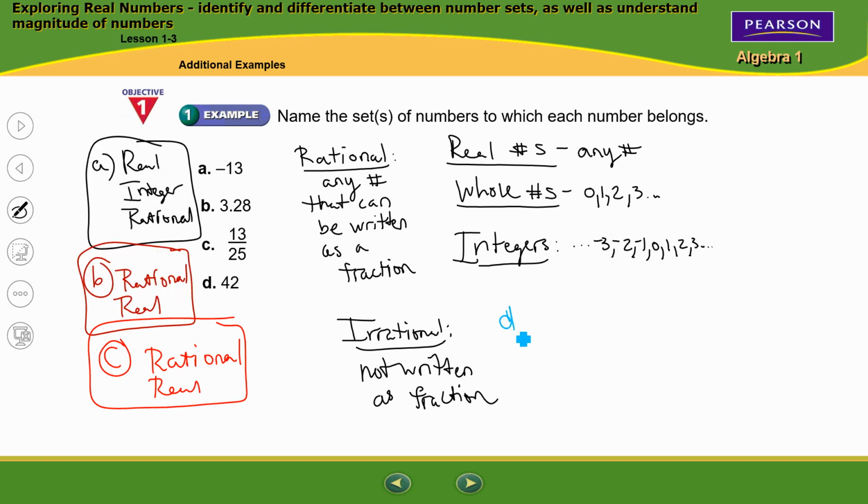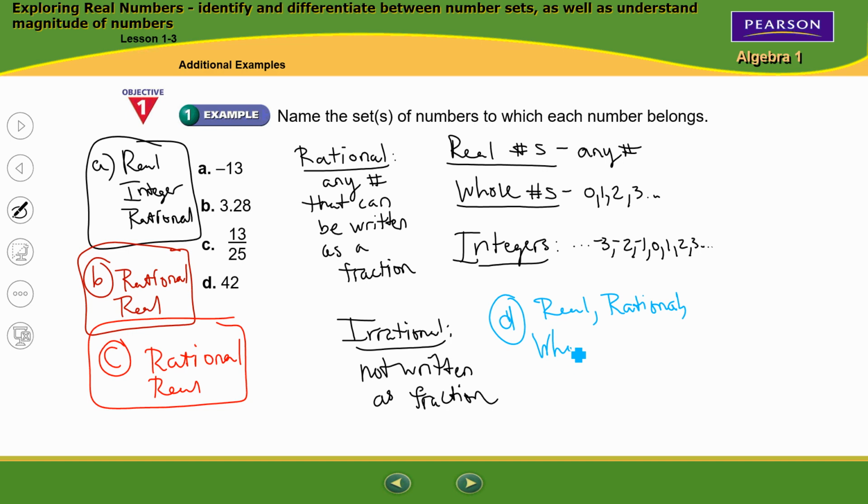42 is real, because it's a number. It is whole, because it's counting up from 0. It is a whole number, not a fraction, not a decimal, correct? So it is rational. It is, I think I just screwed that up. So it is whole, I meant to say.